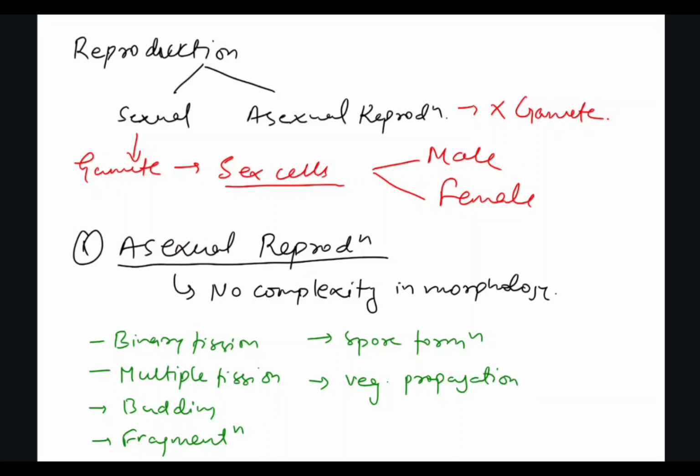And in vegetative propagation, you must have heard of something called artificial vegetative propagation too, right? Artificial. It has human interference in it, per se. So, moving on to asexual reproduction, we will look into binary fission first, okay?